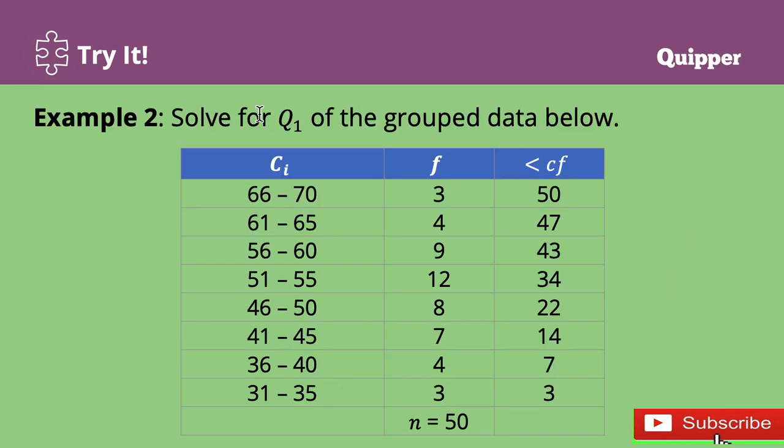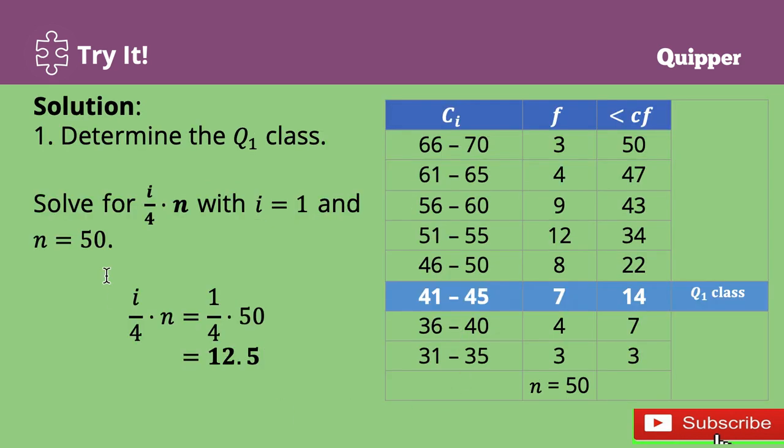Example number 2. Solve for Q sub 1 of the grouped data below. In our previous example, we were finding the Q sub 1, Q sub 2, and Q sub 3 classes. For now, we are going to find what is really the value of Q sub 1 in this set of data. First, we are going to determine the Q sub 1 class. We will solve for i over 4 times n.